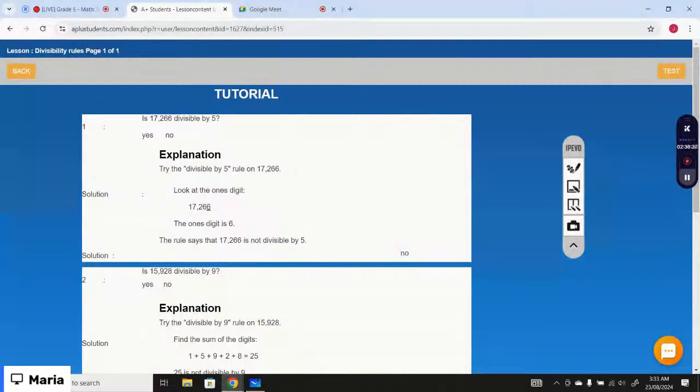So for example, the first one is 17,266 divided by 5. So you need to apply the divisibility rule for 5, right? The divisibility rule for 5 is that the ones digit is either 0 or 5, right?